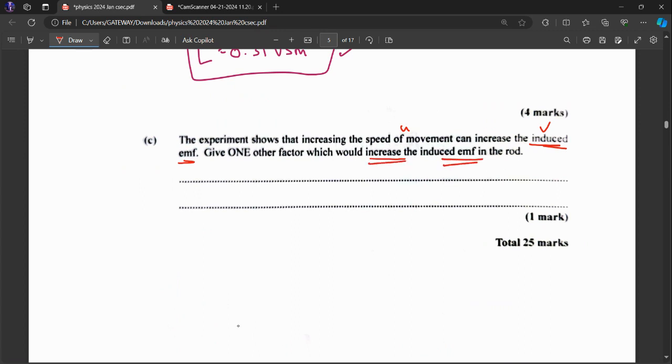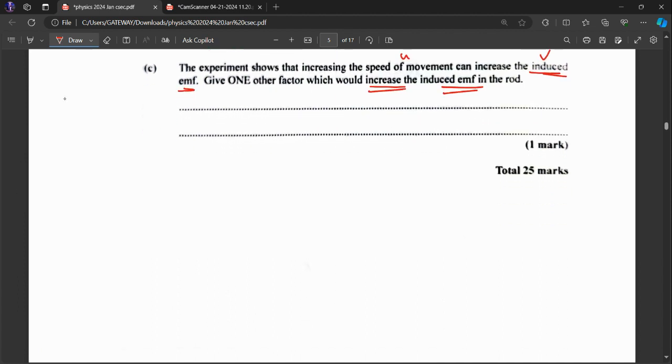So let's say I gave one other factor which would increase the induced EMF of the rod apart from speed. I have a set of different answers here.